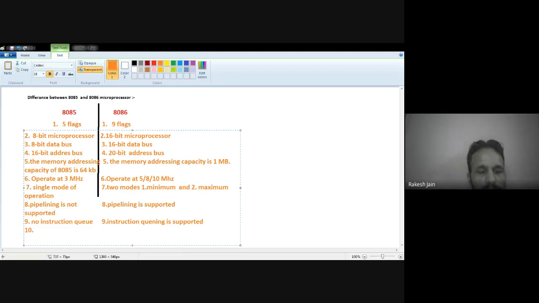This is one of the most important differences again in case of 8085 and 8086. Memory segmentation is not supported by 8085, but in case of 8086 microprocessor, memory segmentation is supported.